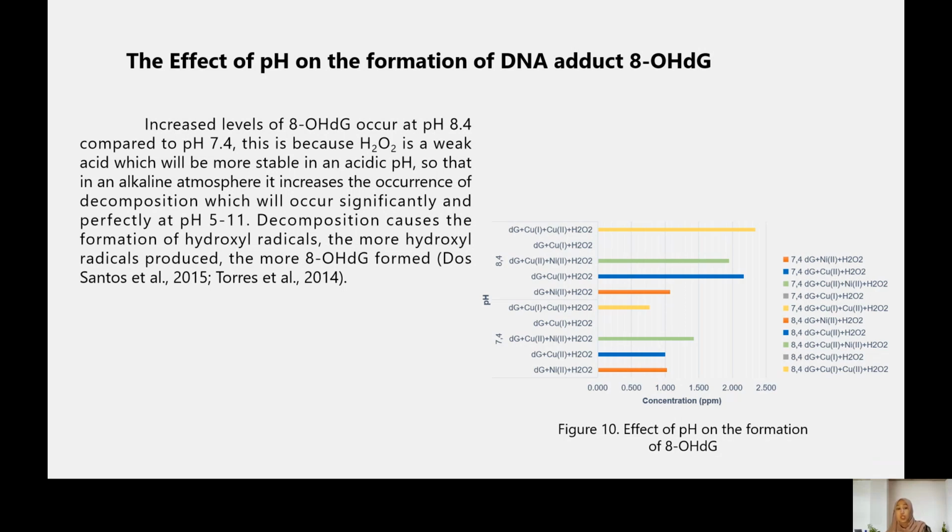Decomposition causes the formation of hydroxyl radicals. The more hydroxyl radicals produced, the more 8-OHdG formed. So figure 10 shows the effect of pH on the formation of 8-OHdG. In the graph, pH 8.4 is higher for forming 8-OHdG than pH 7.4.